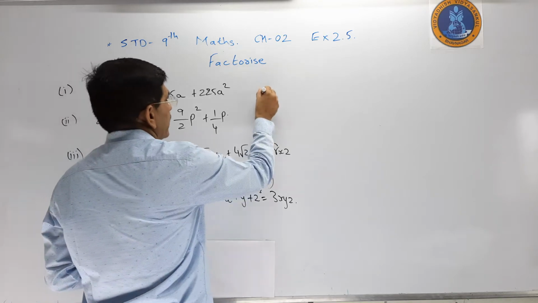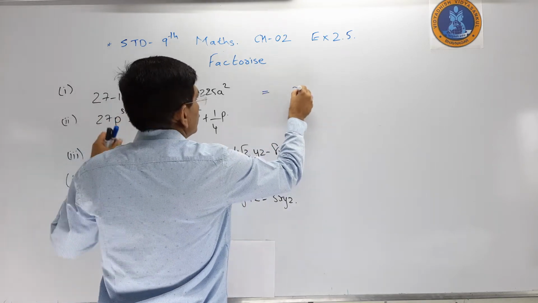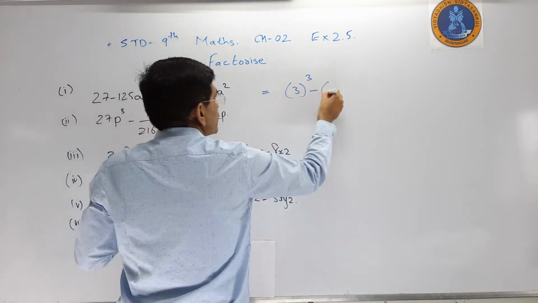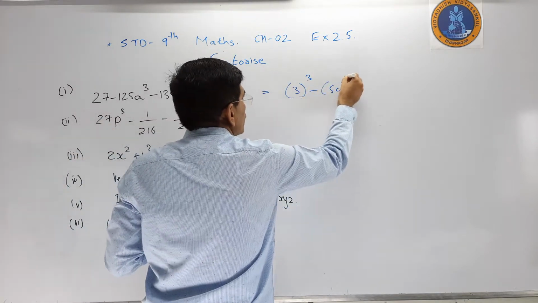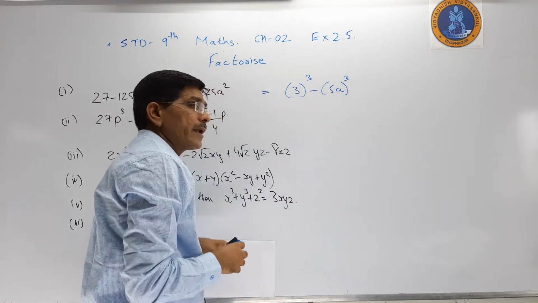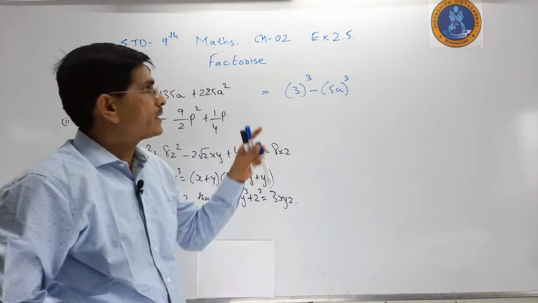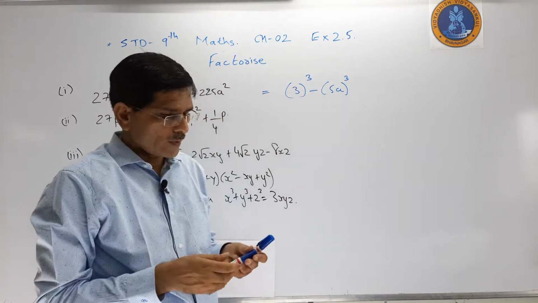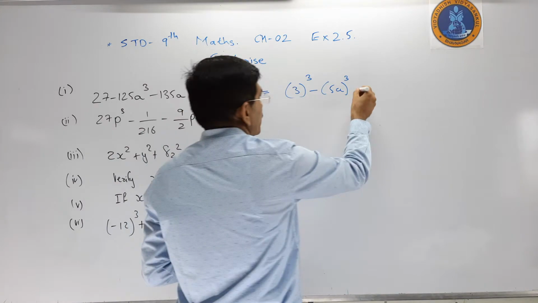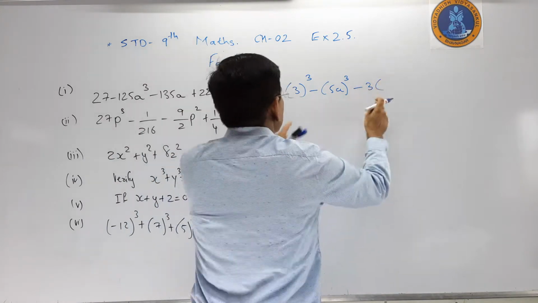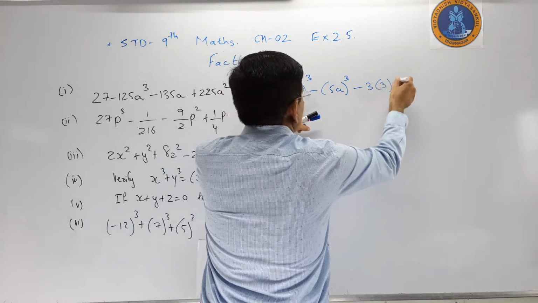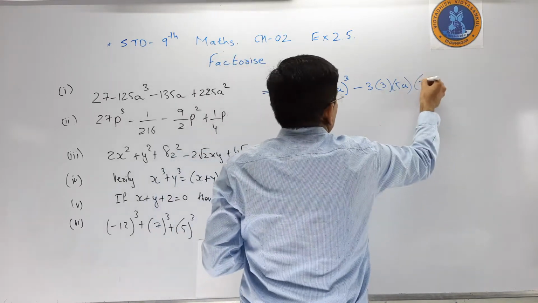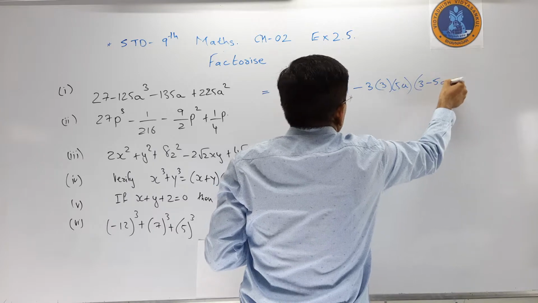So I have to write 3 cube minus 5a whole cube. Now the identity related to the cube: x cube minus y cube minus 3 into x into y, in bracket x minus y, that is 3 into 5a, in bracket 3 minus 5a.